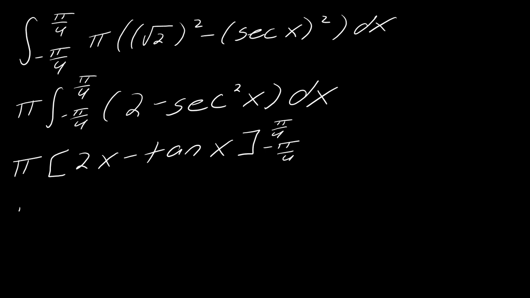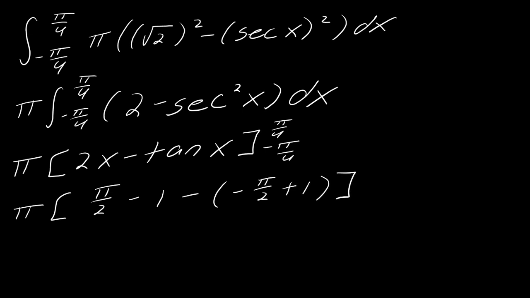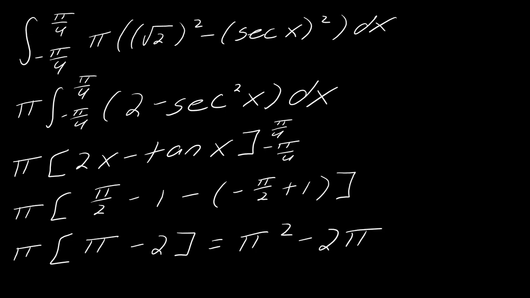And when I plug in my limits of integration, that simplifies to pi over 2 minus 1 minus negative pi over 2 plus 1. So what is that going to leave me with? Just pi, right? Times pi minus 2, so this ends up being pi squared minus 2 pi.